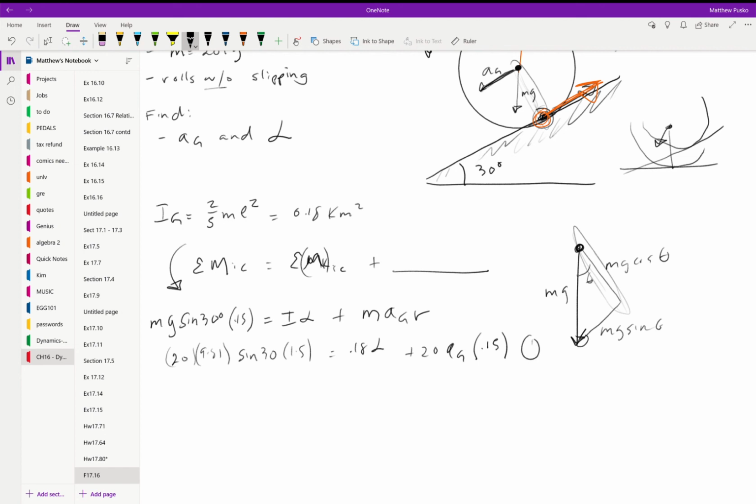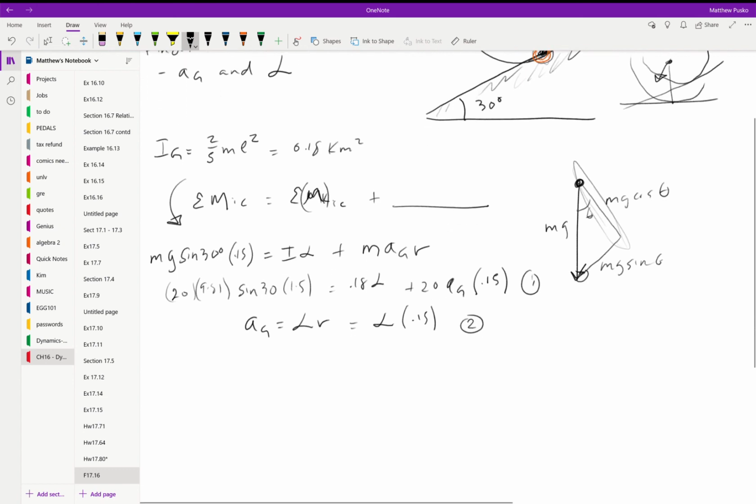Alright, one equation right there, and we can get another from the acceleration of g being equal to alpha r, and we can say that's alpha times 0.15. Alright, we have two equations, two unknowns.